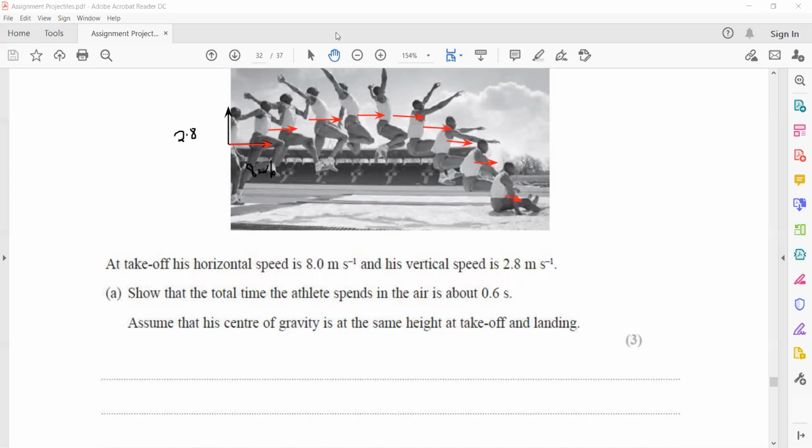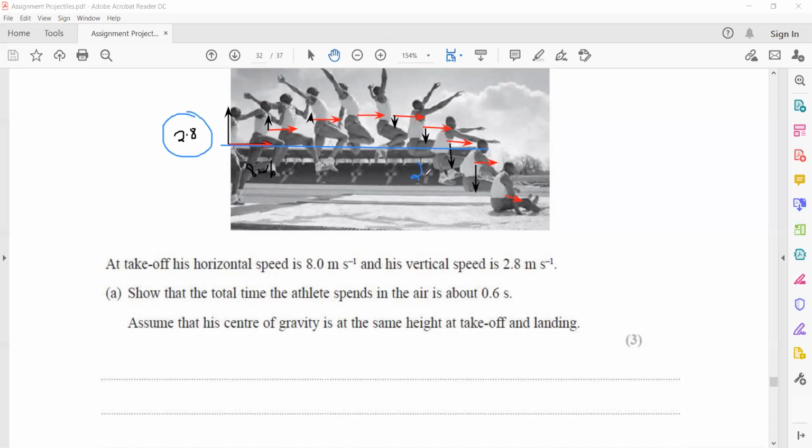But the vertical speed, what happened? The vertical speed starts to decrease. He decelerates at this point. There's no vertical speed at the top, and then it again starts to increase, accelerate. So when his center of mass comes back to the same position, at that moment the vertical speed was 2.8.